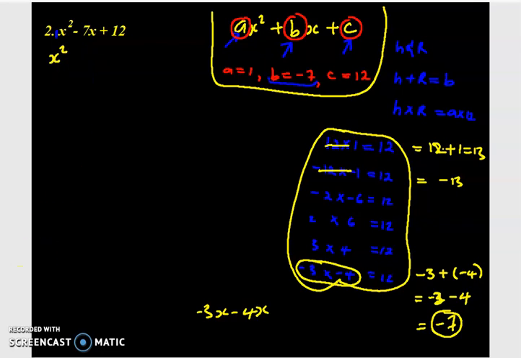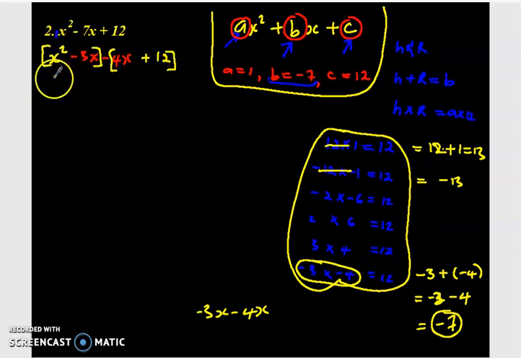So let's put that in red. Negative 3x minus 4x, we put in those for the 7x, plus 12. And we're going to factor each of these brackets here.